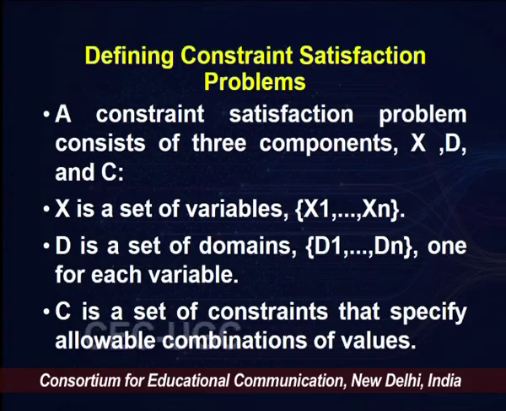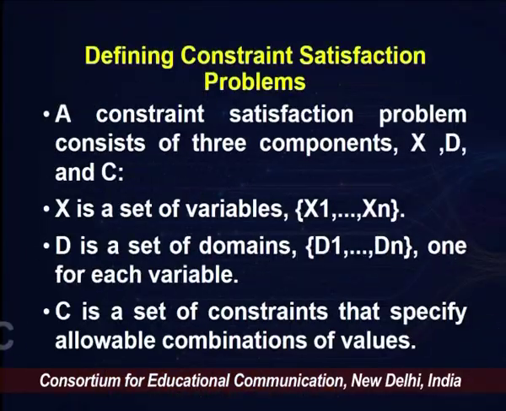The third part, C, is a set of constraints that specify allowable combinations of values. So, to define a constraint satisfaction problem, we need three components: X, a set of variables; D, a set of domains; and C, a set of constraints that specify which combinations of values are allowed.